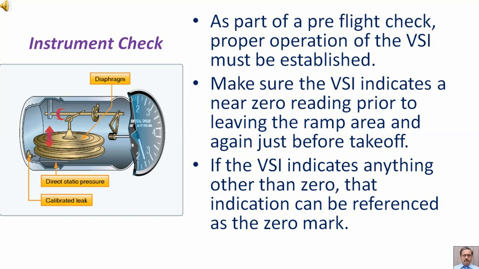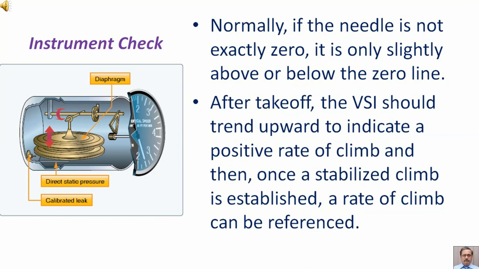If the VSI indicates anything other than zero, that indication can be referenced as the zero mark. Normally, if the needle is not exactly zero, it is only slightly above or below the zero line.